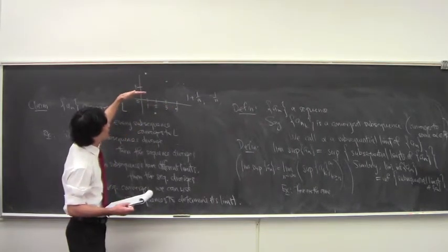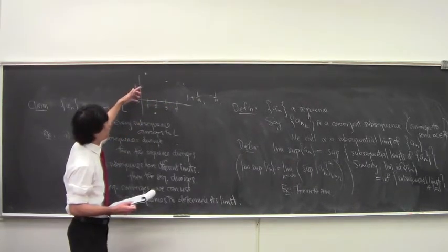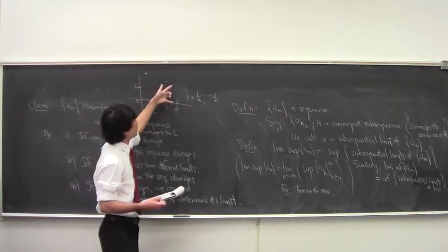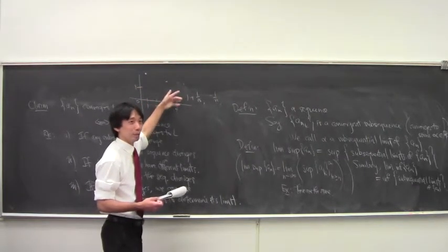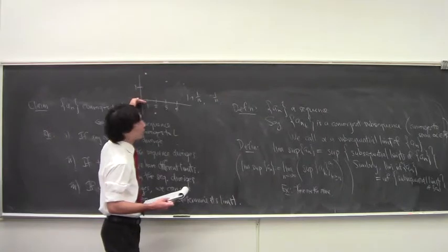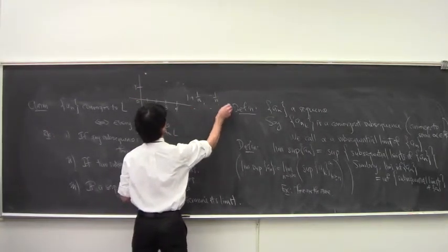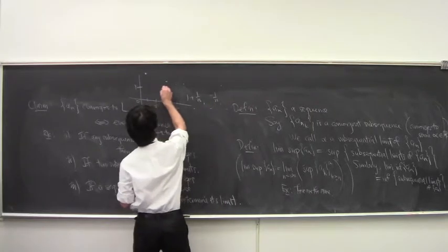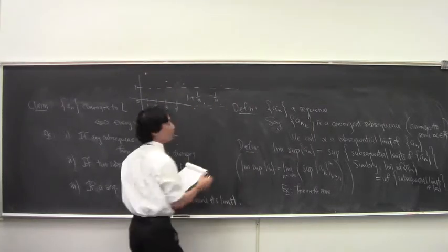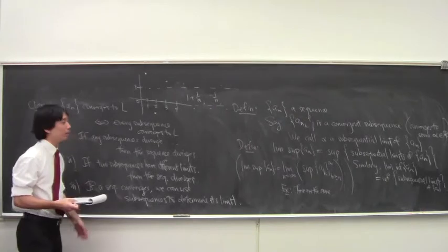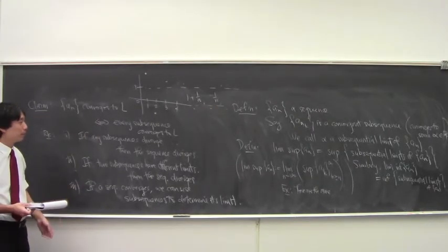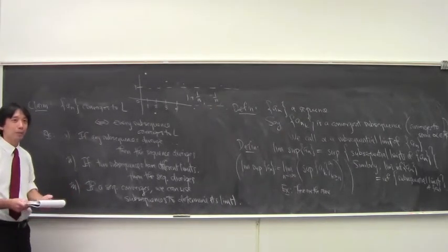There are basically only two subsequential limits, 0 and 1, and so 1 would be the limsup, and 0 would be the liminf. So sometimes you can use it, and sometimes you can't.